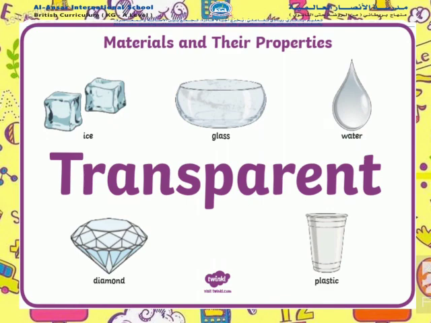Let's talk about this material: transparent. Learners, at this point, I want you to recall some other properties that we did, like hard. Previously, you did that. Some materials are hard. At the same time, they can be transparent too, just like glass or diamond or ice, a water droplet, a plastic glass. There are different types of plastic glass.